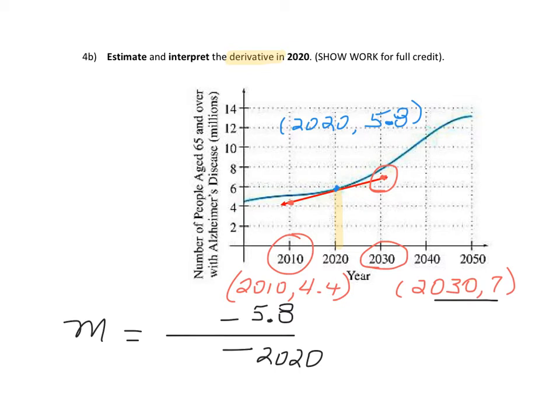May get a slightly different answer from what was on the key because I'm basing this on my best guess. So in 2030, the y value was about 7. And 7 minus 5.8 is about 1.2. And of course, 2030 minus 2020 is a 10-year period. So if we divide that by 10, that means that our derivative is approximately 0.12.